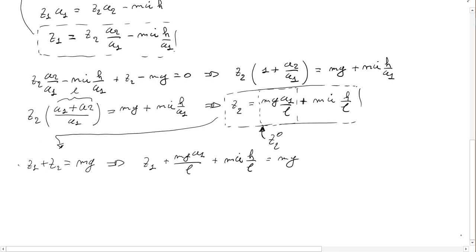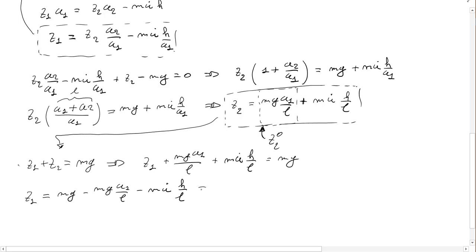Let's write what we can obtain for zeta 1. It's very simple to solve this equation, and now we have mg minus mg a1 L minus mu dot H on L.